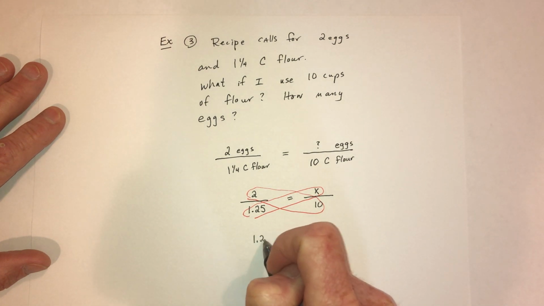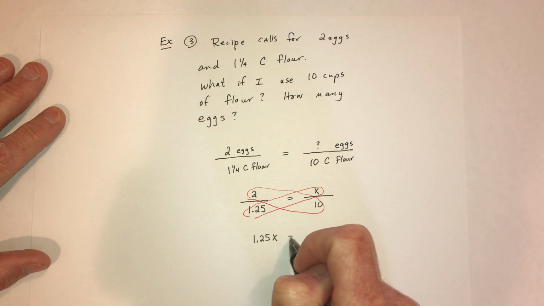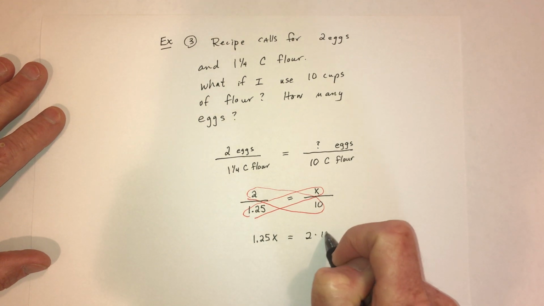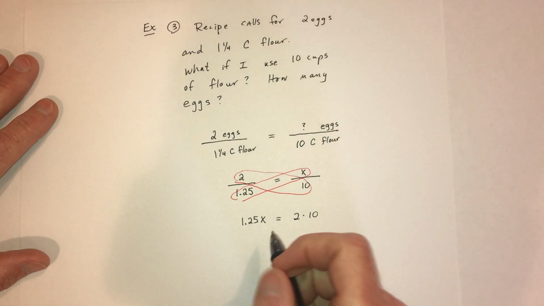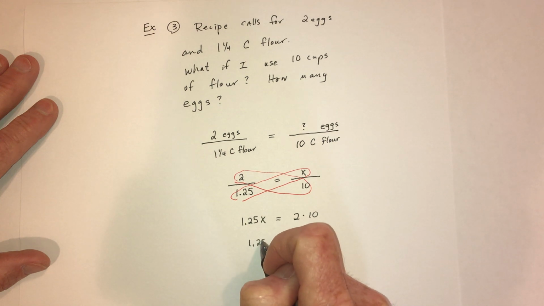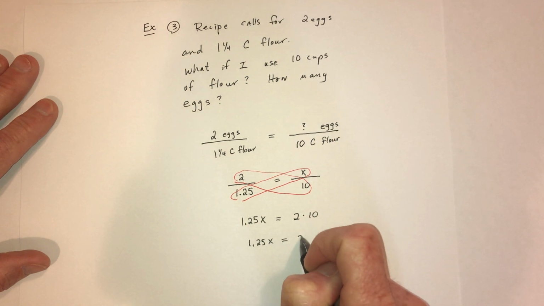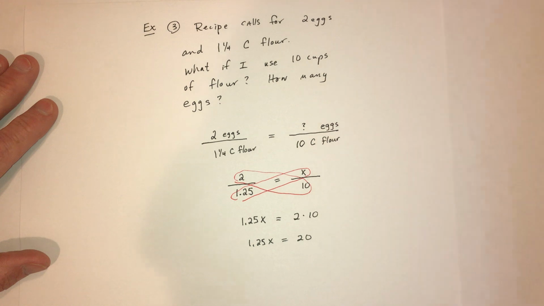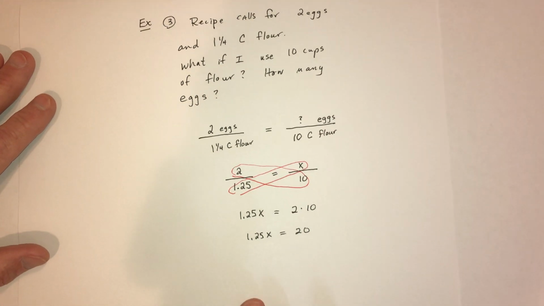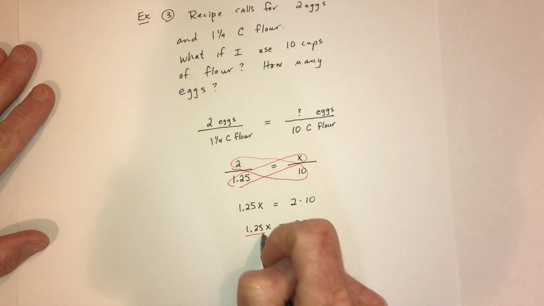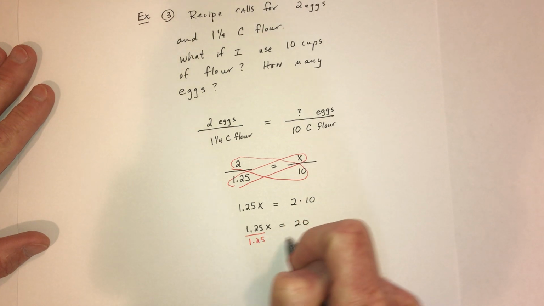So 1.25x equals 2 times 10, or 1.25x equals 20. Then, in order to solve for x, what we need to do is divide by 1.25.